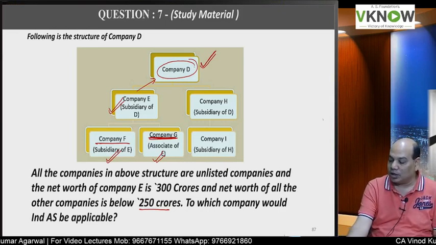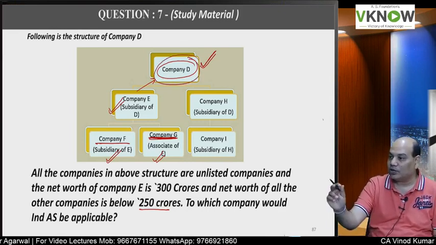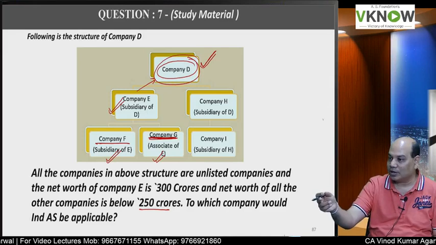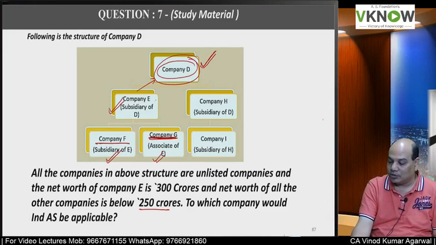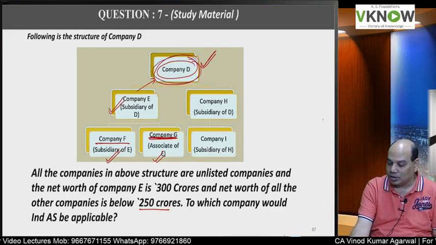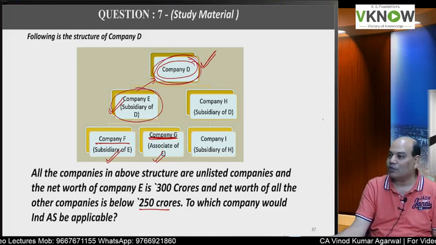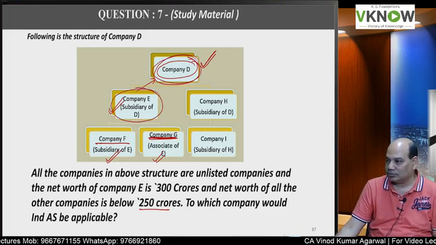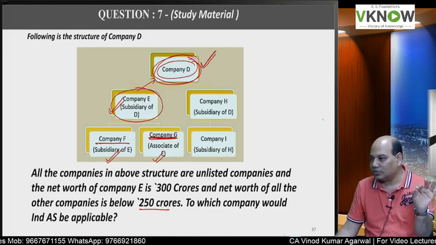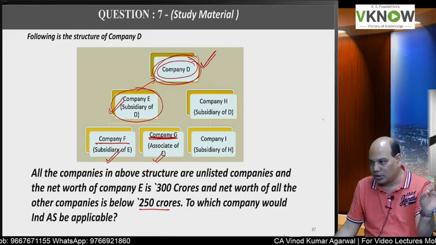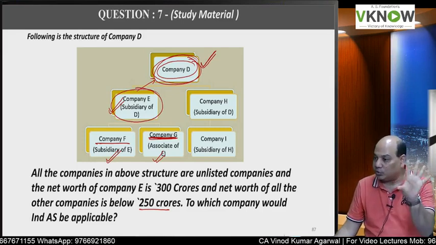D is following Ind AS not because it fulfilled the listed criteria or net worth criteria. D has followed Ind AS because its subsidiary follows Ind AS. It does not have a net worth of more than 250 crore. It is not a listed company, but it is following Ind AS.